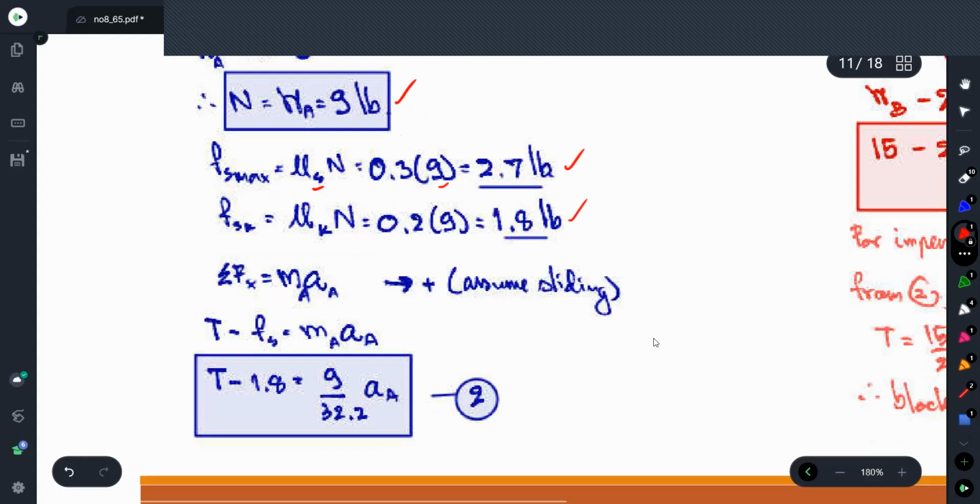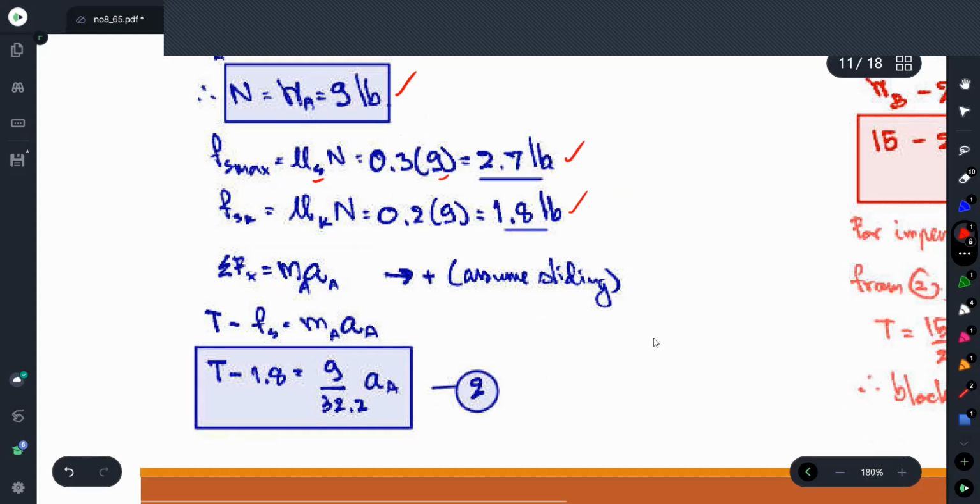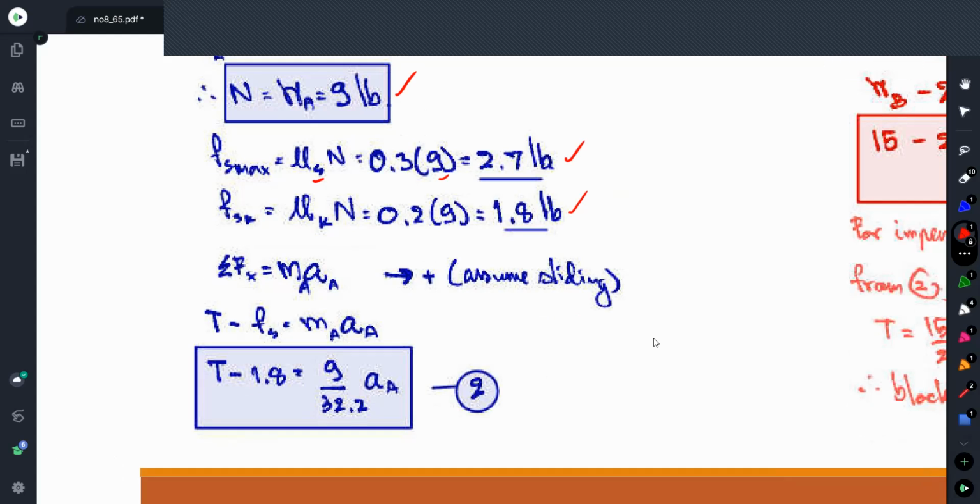If we assume that block A slides, then we assume the tension is greater than 2.7. This is just an assumption, and that will induce block A to have a motion to the right.